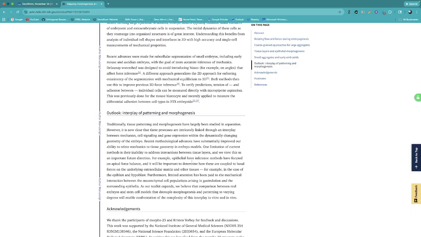And then, of course, we can talk about patterning and morphogenesis, where we haven't studied tissue patterning and morphogenesis in the same system, but now with these embryo models, these embryoids, we can do that. And so we can relate mechanics to tissue geometry, and that gives us a full account of the Thomsonian view of these organisms in total.